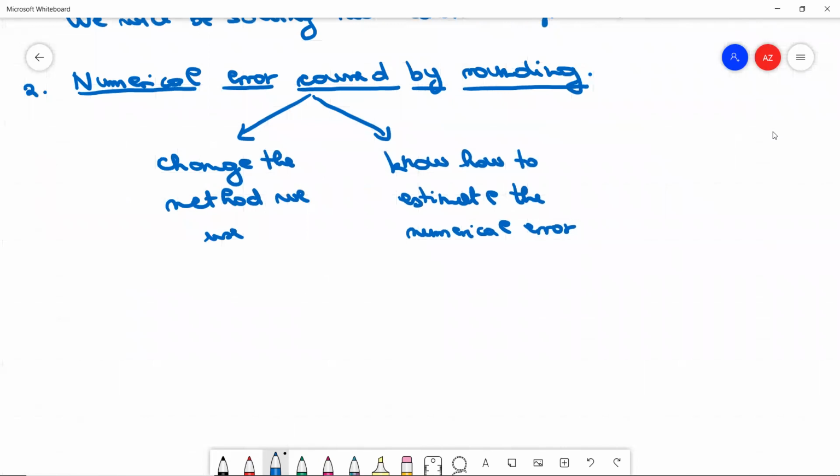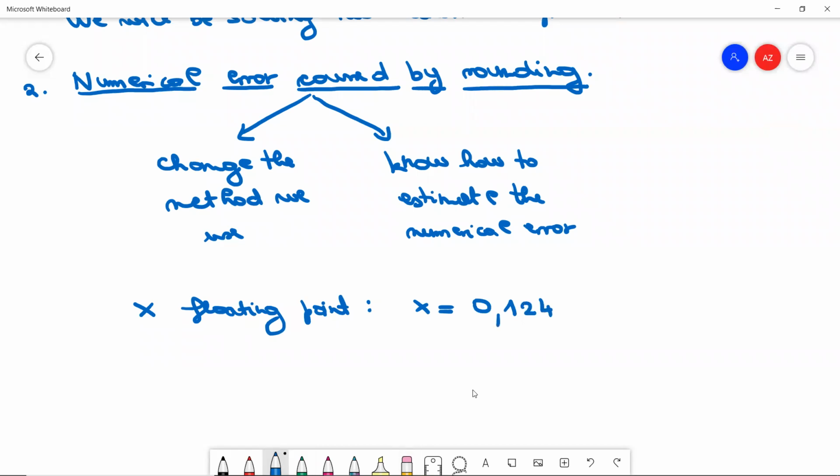So what does this mean? A numerical error caused by rounding. We have some x, which is floating point. Let's say x is 0.1 and then something, 2, 4.